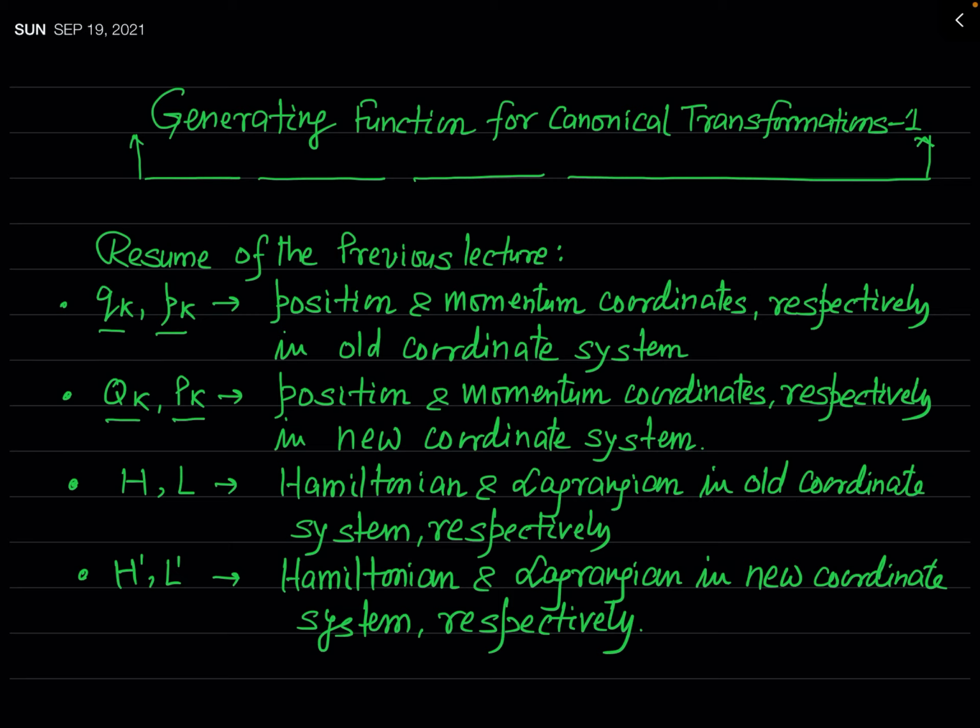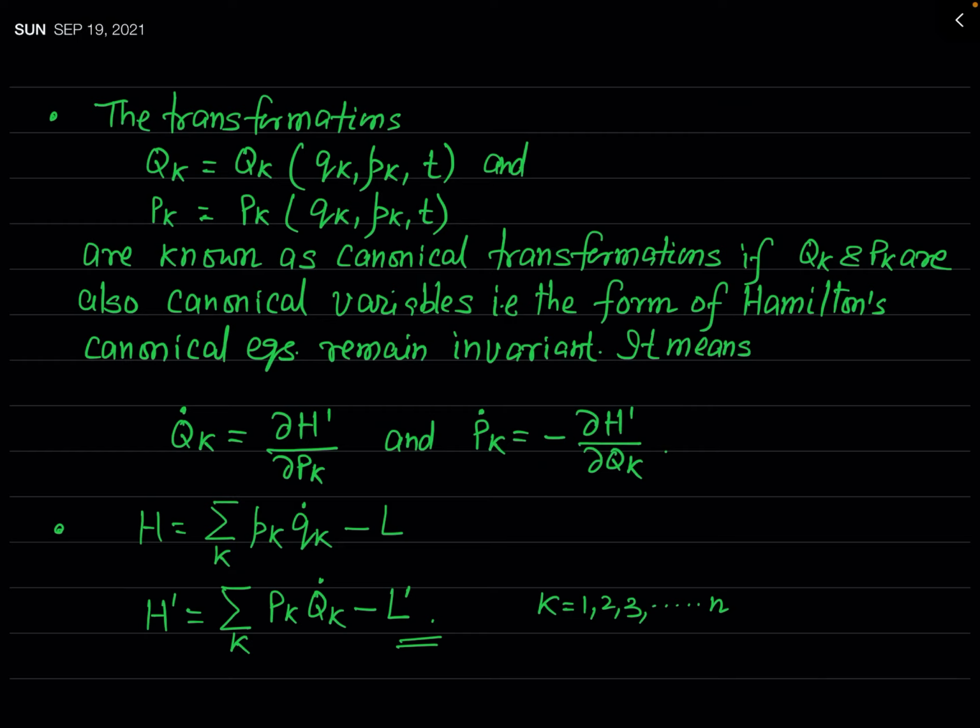And as you know, the Hamiltonian and Lagrangian in the old coordinate system we denote by the symbols H and L, while in the new coordinate system we denote them by the symbols H prime and L prime. And you have seen that a transformation like this, capital QK equal to capital QK of small qk, small pk and t, and capital PK equal to capital PK, that is the new momentum coordinate, of small qk, small pk and t.